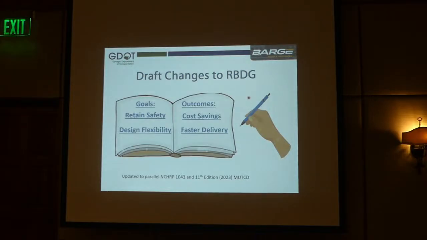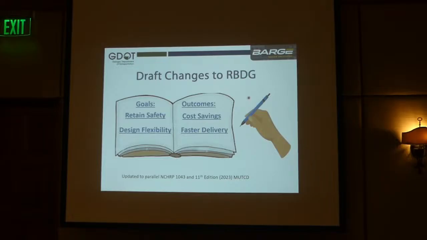So we met with different GDOT internal offices: design policy, road design, district traffic ops, and pre-construction. We came up with some goals and outcomes to make sure that when we update our roundabout design guide, we focus on retaining the safety benefits we've come to enjoy for roundabouts, and also include some design flexibility.